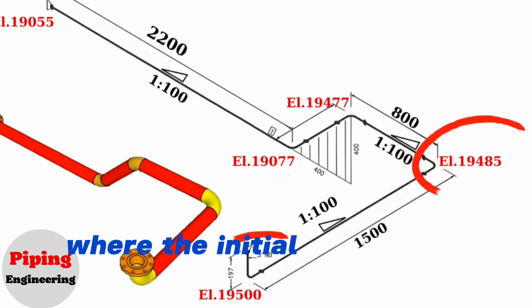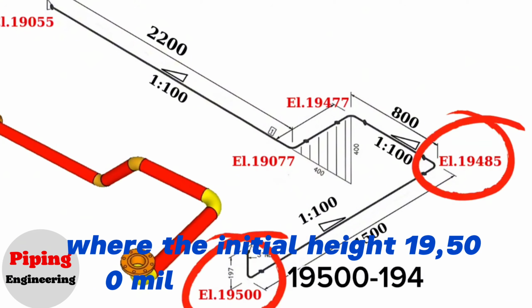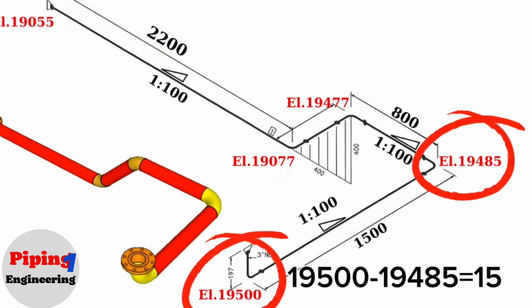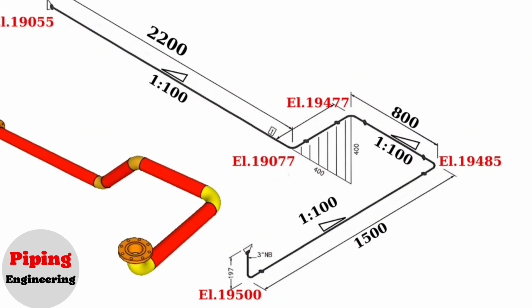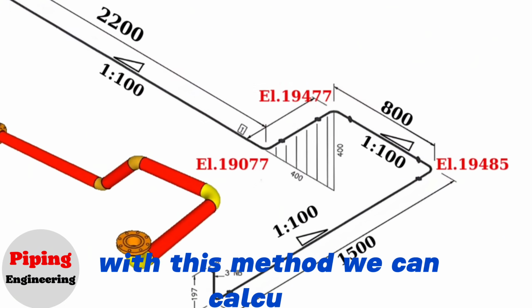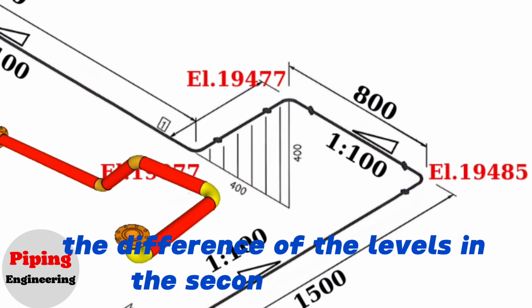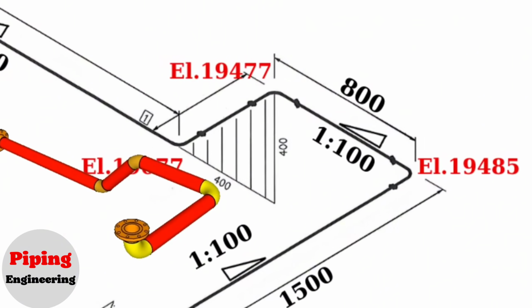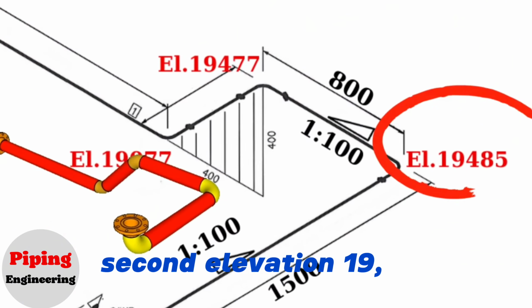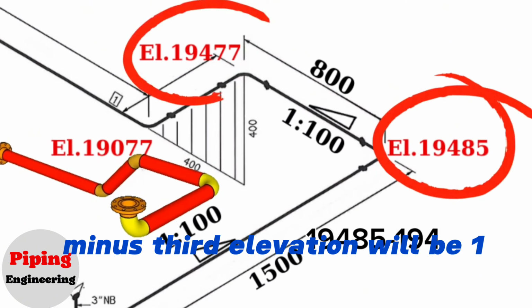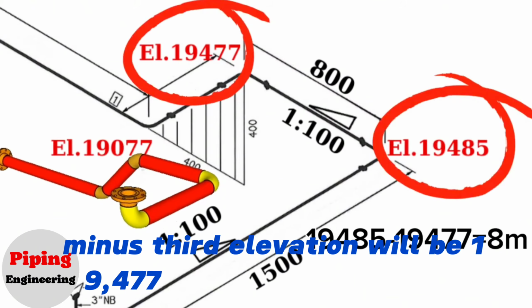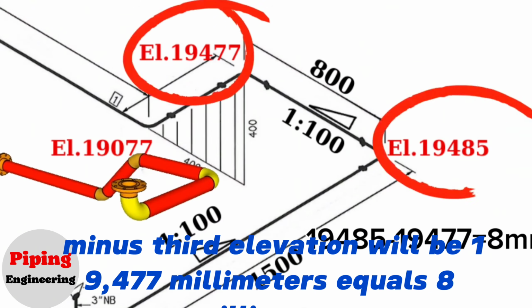The initial height 19,500 millimeters minus the second height 19,485 millimeters equals 15 millimeters. With this method we can calculate the difference of the levels in the second and third rotations. Second elevation 19,485 millimeters minus third elevation 19,477 millimeters equals 8 millimeters.